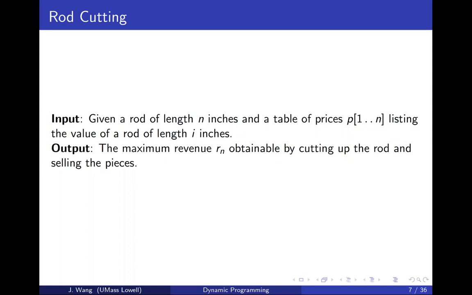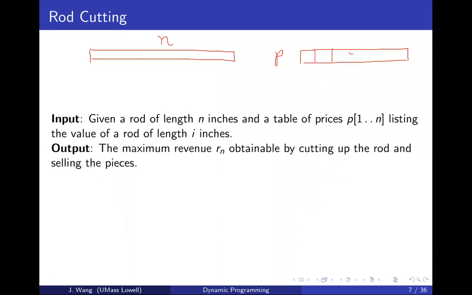So you have a rod. Let's say the original length is n. And what you are given is the following price table P, starting from 1, 2, up to n.